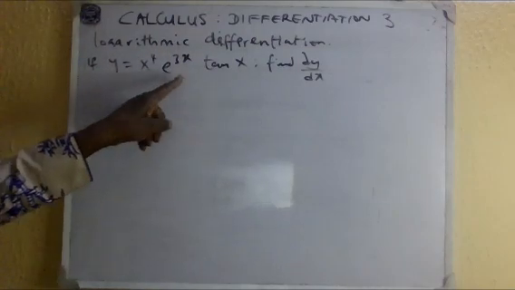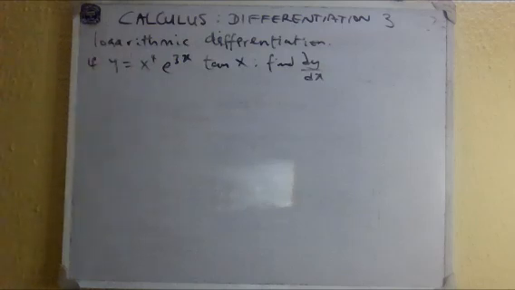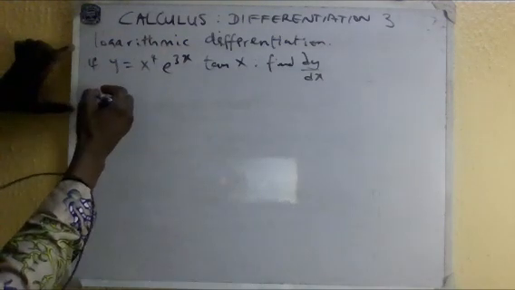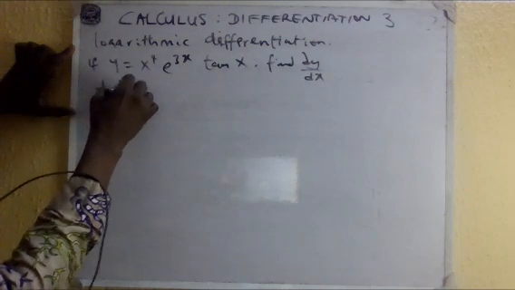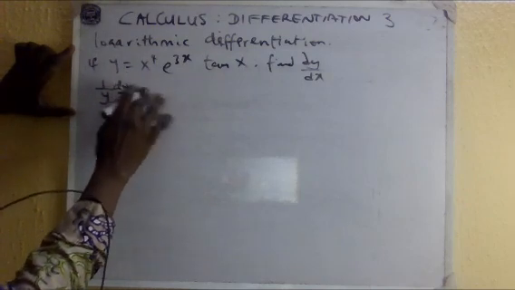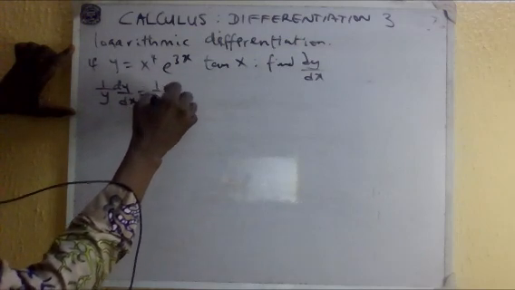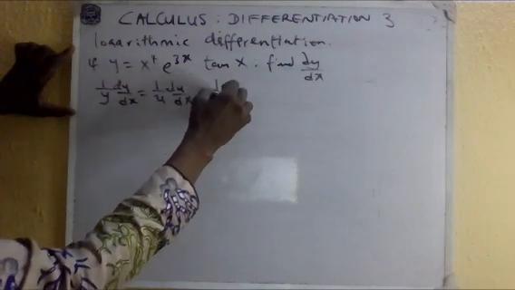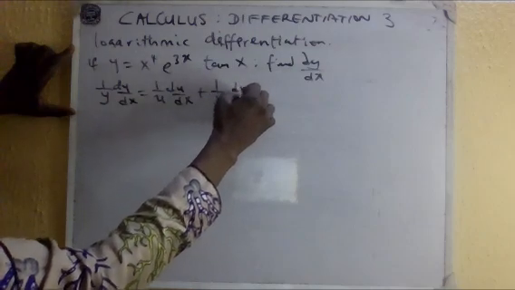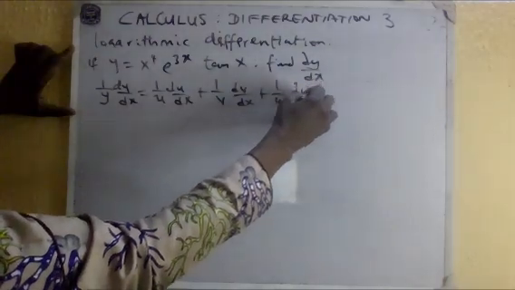I have 1, 2, 3 different functions of x inside this expression. So I'm going to apply the logarithmic differentiation. It's now saying 1 over y dy/dx is equal to 1 over u du/dx plus 1 over v dv/dx plus 1 over w dw/dx.